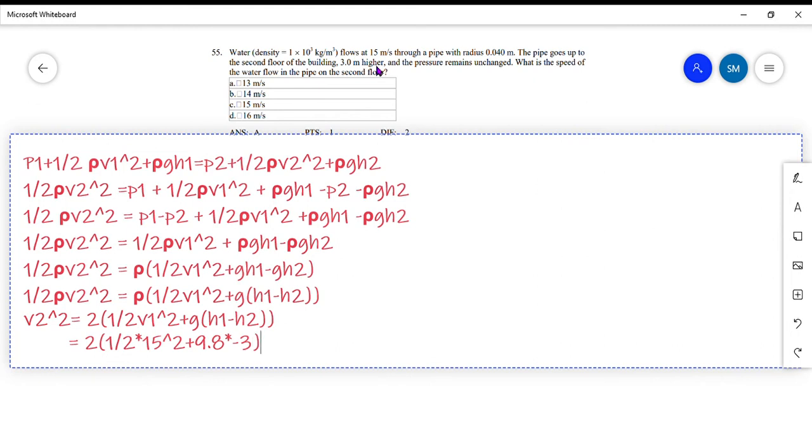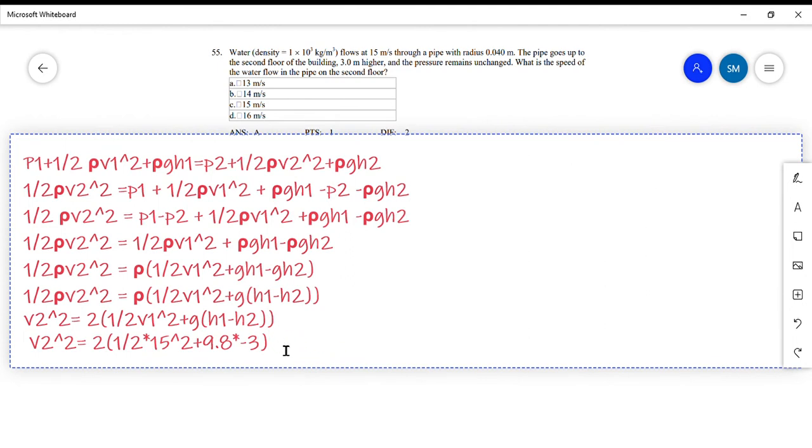Okay, after solving this equation, here we have v2 power 2 is equal to this.